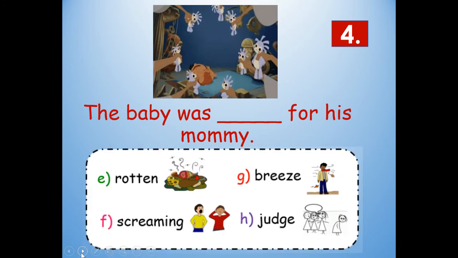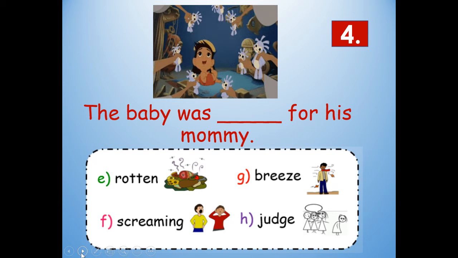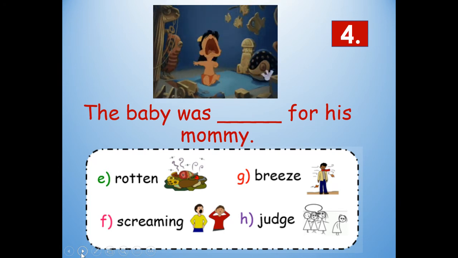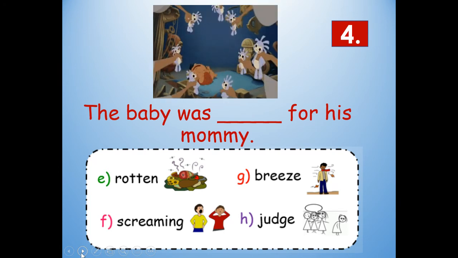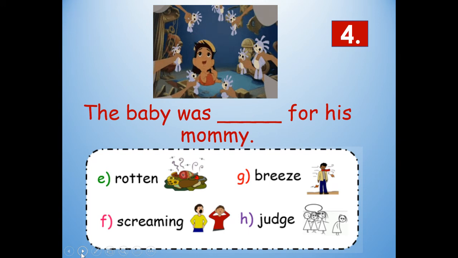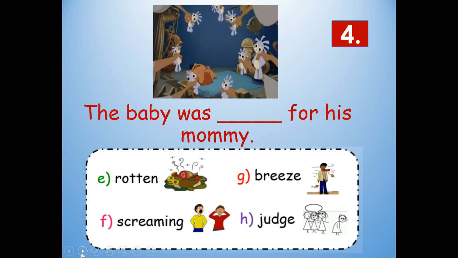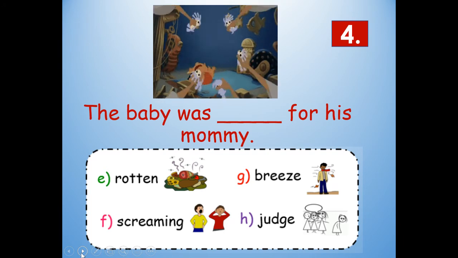Number 4, the baby was blank for his mommy. Is it the baby was rotten for his mommy? The baby was screaming for his mommy. The baby was breeze for his mommy. The baby was judge for his mommy. What makes sense given our picture clue and the context of where the word is in the sentence?